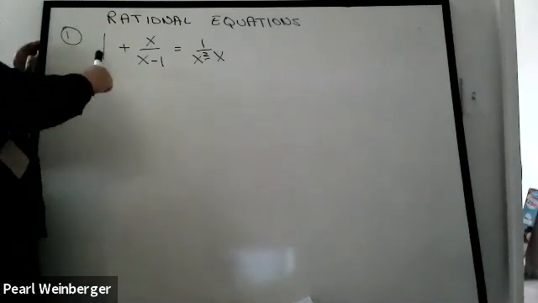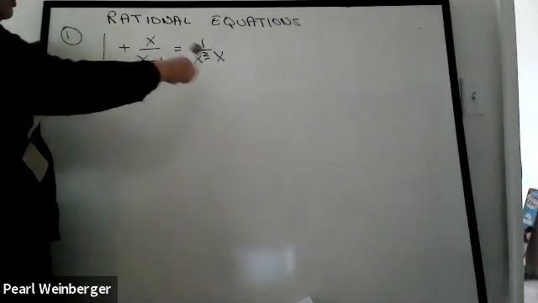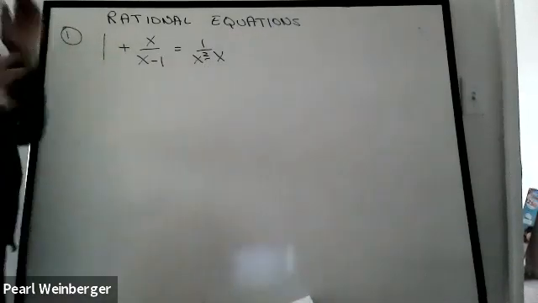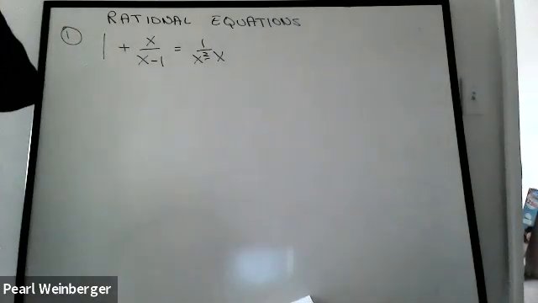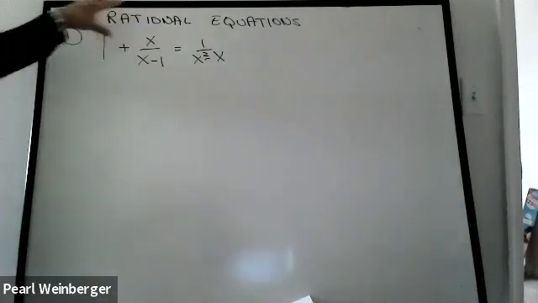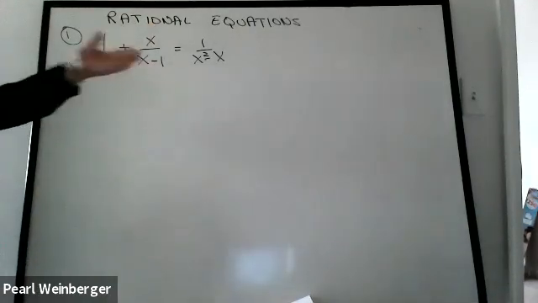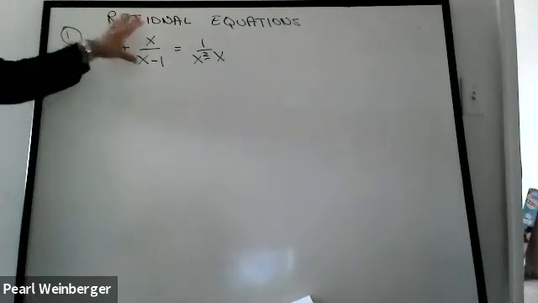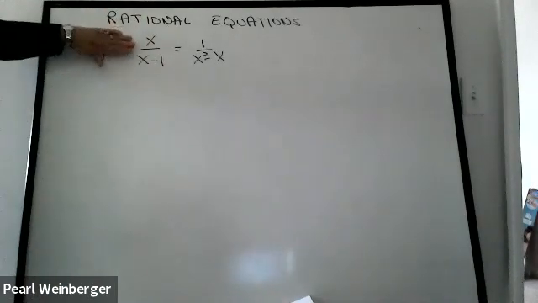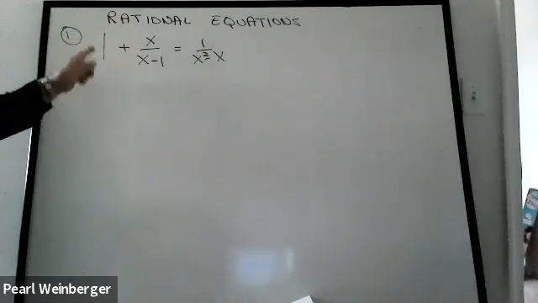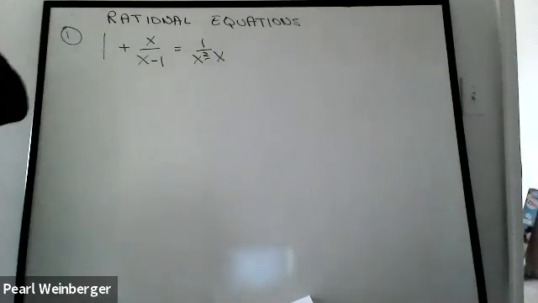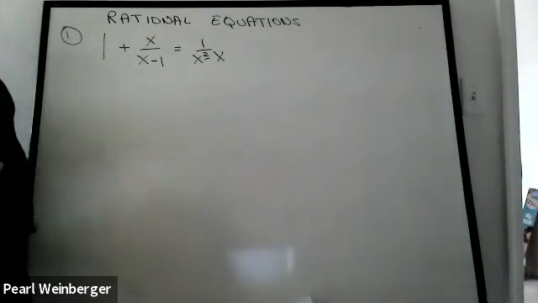Where we actually have a whole number plus a fraction equaling a fraction. That's not a proportion, because on this left side, we happen to have more than just a single fraction. If this wouldn't be here, then we could cross multiply. But since we have this one here, we have to deal with this separately.